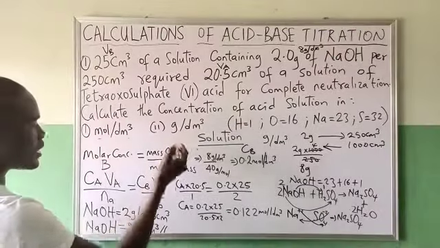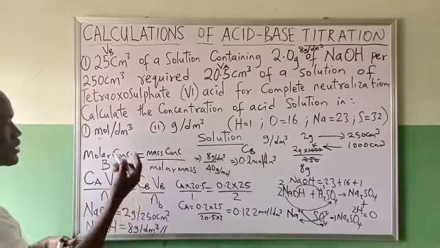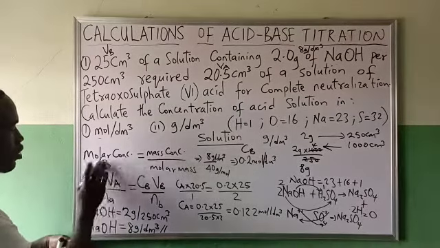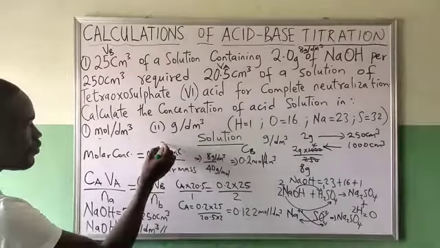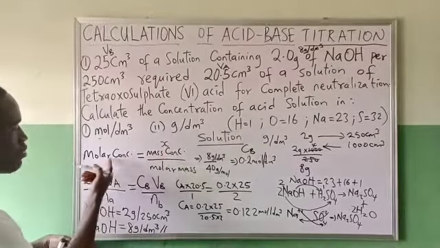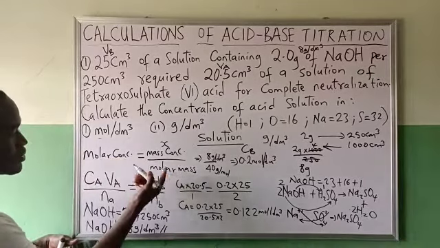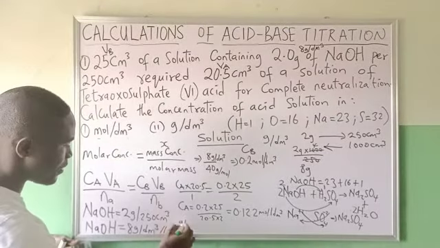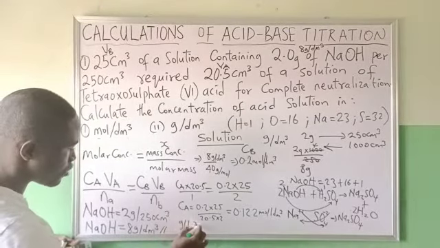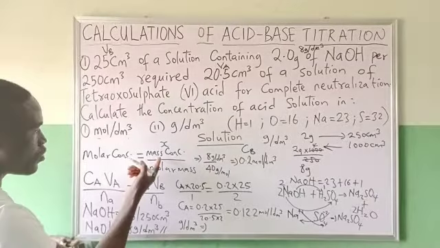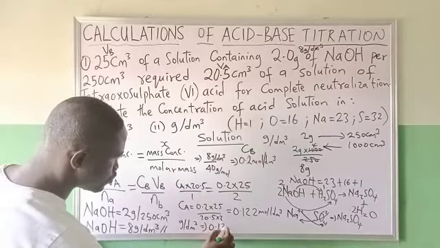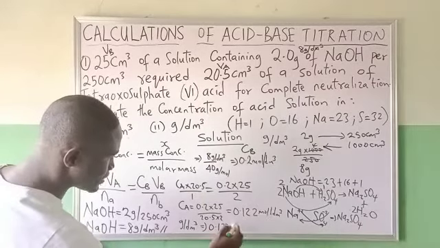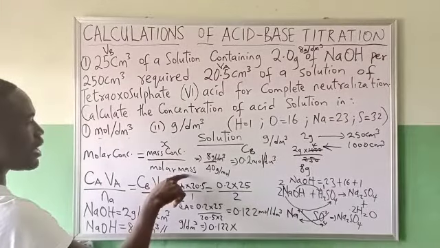Can we get it in gram? Yes. To get it in gram, this is a mass conc. Mass conc, gram per dm cube means we are looking for this. Looking for this means molar conc times molar mass. So to get gram per dm cube, what is a molar conc? 0.122, that is approximated answer, times what is the molar mass?